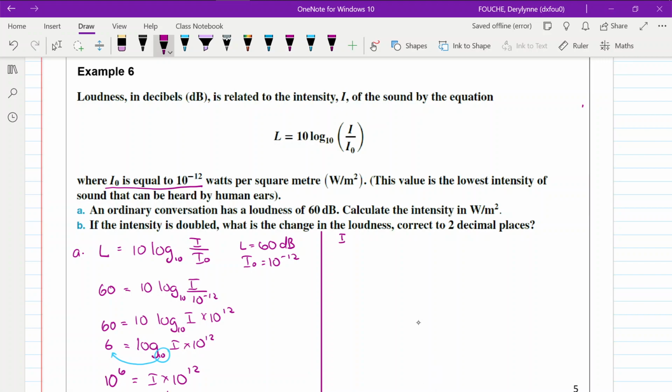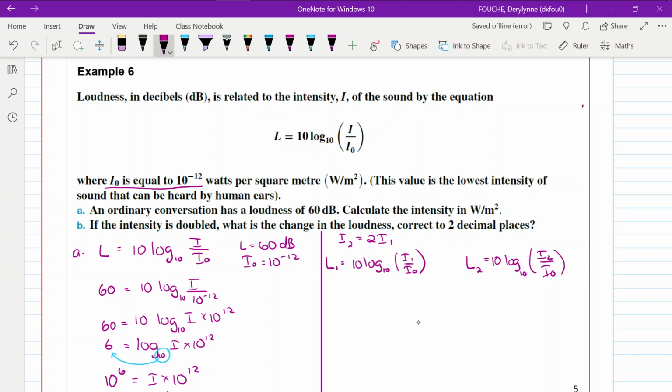Okay, if I have I2 is equal to 2 I1, my first loudness is going to be 10 log base 10 of I1 over I0, and my second loudness, which is equal to 2I1, well, it's got twice the intensity, is going to be 10 log base 10 of I2 over I0.